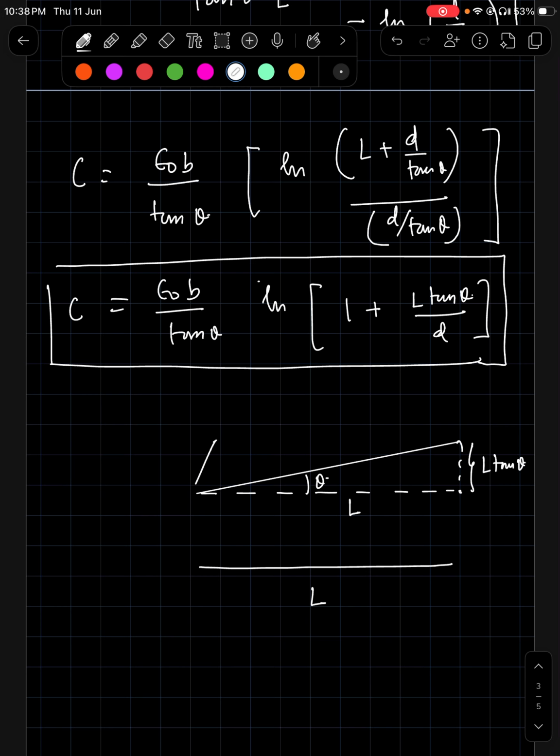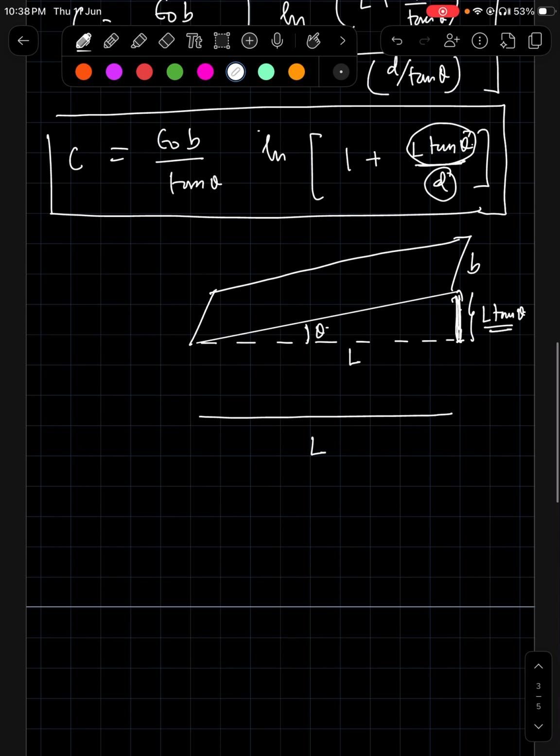And this is the breadth of the plate, B. Since theta is very, very small, this length L tan theta is very, very small with respect to B. So this numerator is much smaller than the denominator. So I write L tan theta by d as some quantity, say Z.